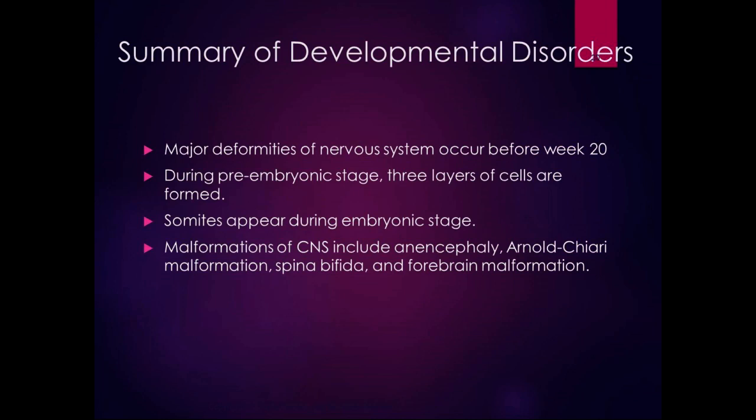During the pre-embryonic stage, 3 layers of cells are formed, and the somites appear during the embryonic stage. So malformations of the central nervous system include anencephaly, Arnold-Chiari malformation, spina bifida, and forebrain malformations. The important thing to know is to understand the concepts of growth and deficit and when the major deformities occur: before week 20. Minor deformities occur after week 20.